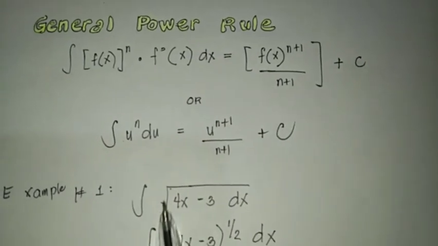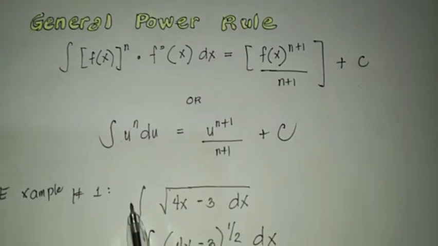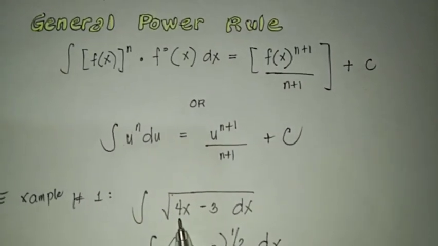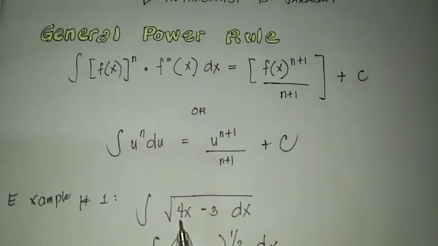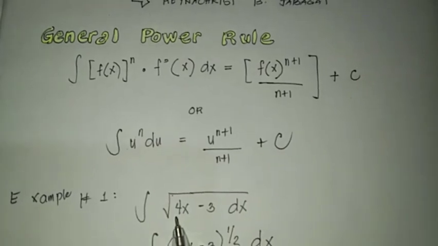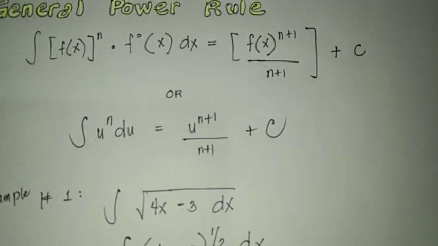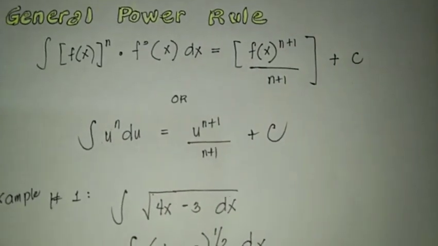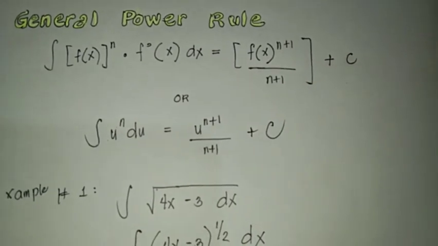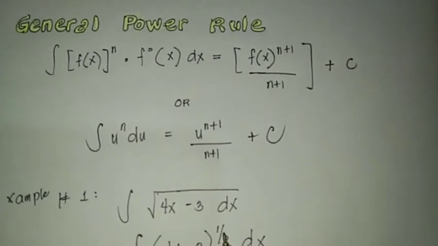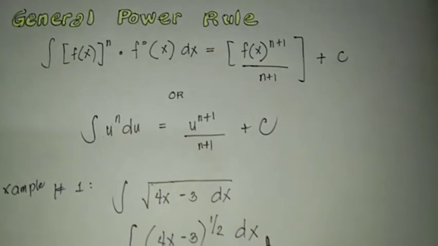Since this is in a radical form, we need to make it simpler to solve, so let's make it into an exponential form: 4x minus 3 to the power of 1/2 dx.